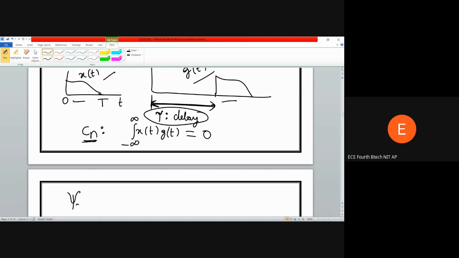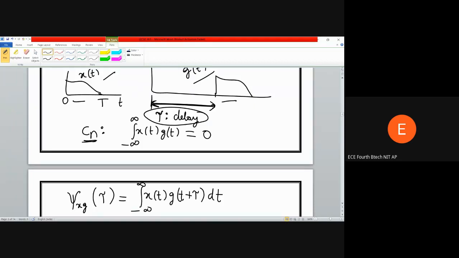Let me consider psi xg of tau, and the equation is given as the integral from minus infinity to plus infinity of x of t g of t plus tau dt. Don't be confused about this.